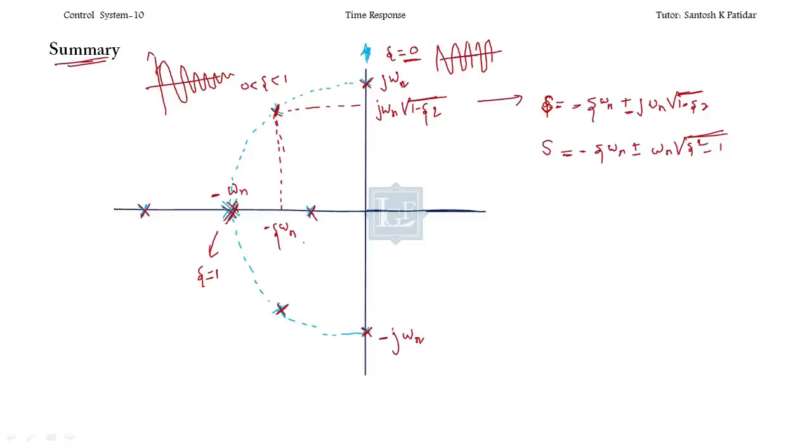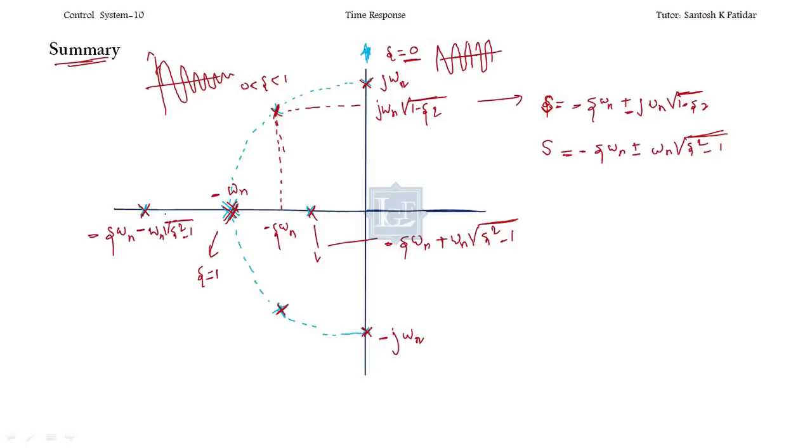So this location pole is minus zeta omega n plus omega n square root of zeta square minus 1, and the pole which is away from the imaginary axis is minus zeta omega n minus omega n square root of zeta square minus 1.